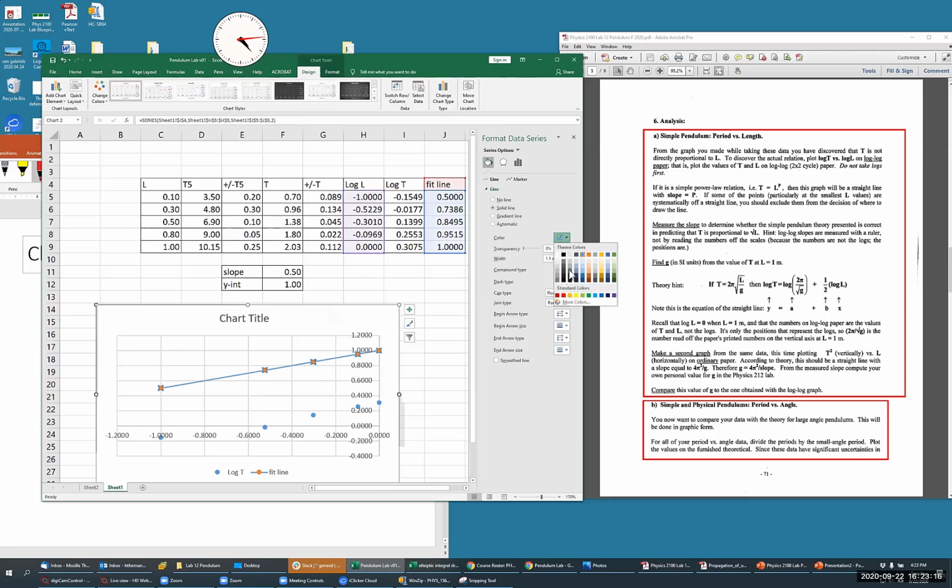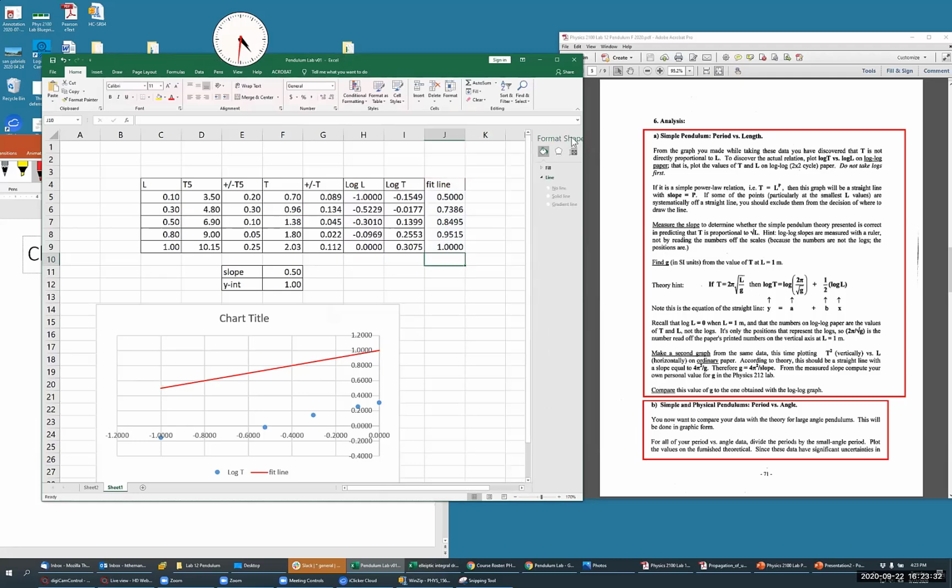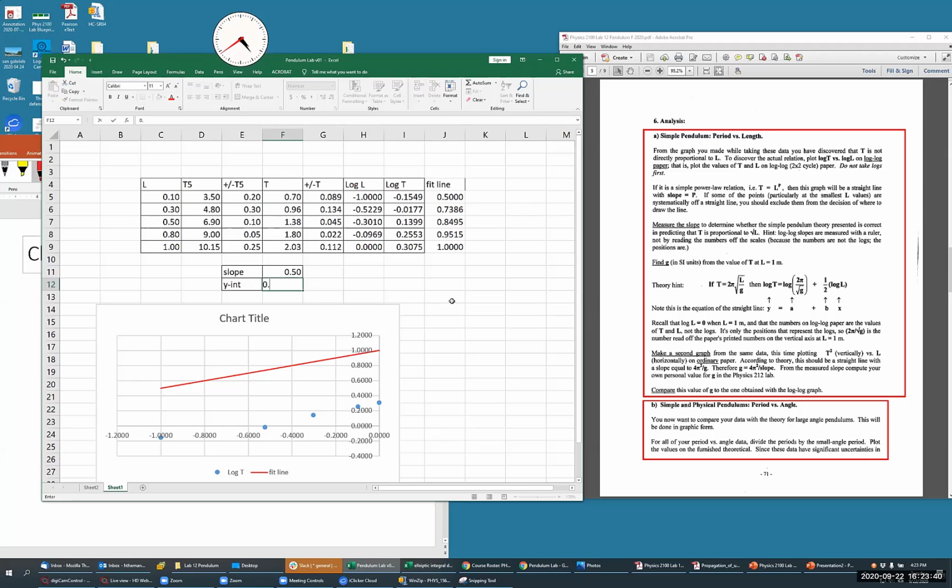And I like making red for my fit lines. And I want to get rid of the marker. And I'll get back to this in a moment. And that's done. All right, Lawrence, I think this is what you wanted to see. So let's change this to 0.5. Notice the line moved, right?